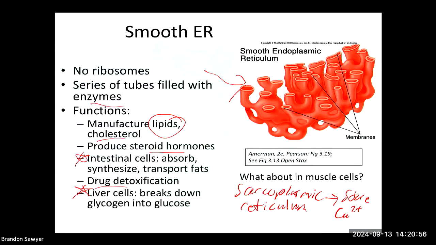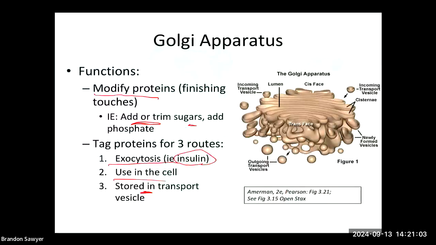Yeah, so if we look at the smooth ER, it is a little bit more like tubes that stick up, versus the Golgi apparatus, which is a little bit more flattened, like hollow pancake type things. So that is a little bit different, and that's probably the best way to tell.